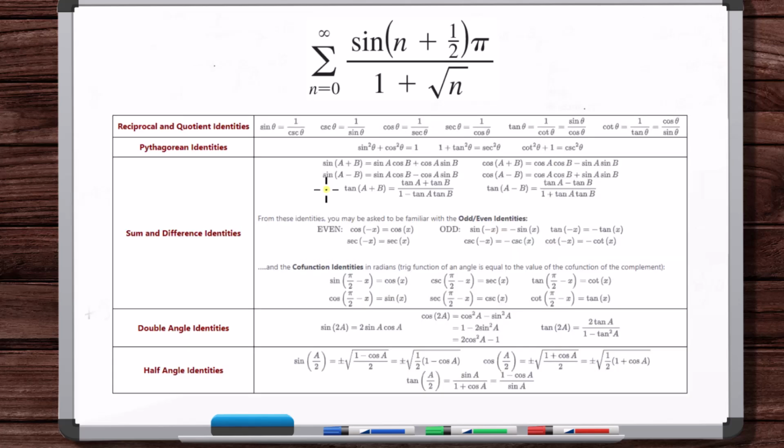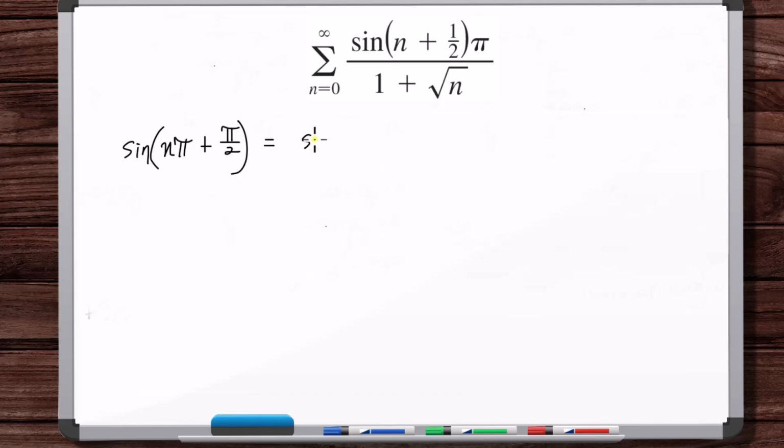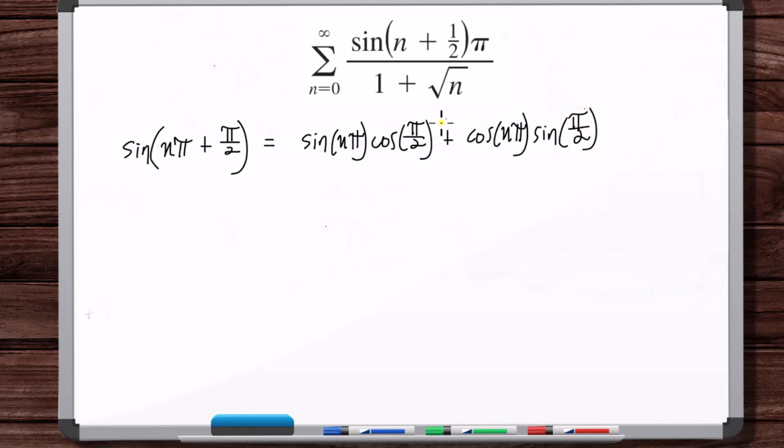Okay, let's use this trig identity. Sine of A plus B is sine of A cosine B plus cosine A sine of B. All right, cosine of pi over 2 is 0.